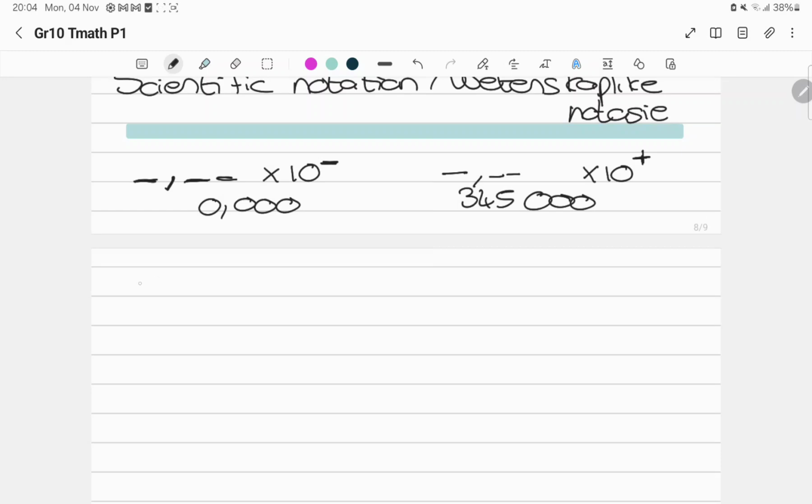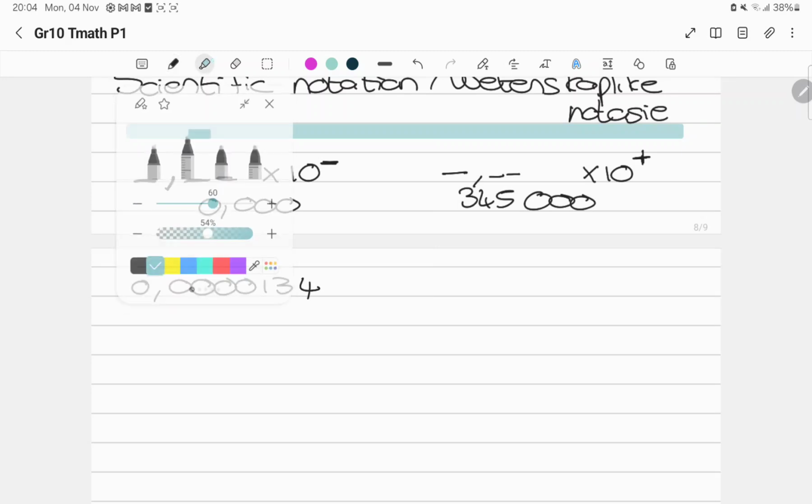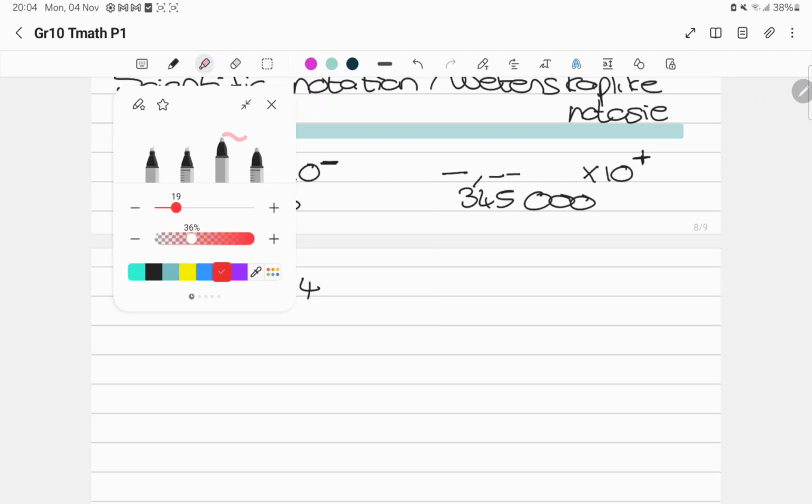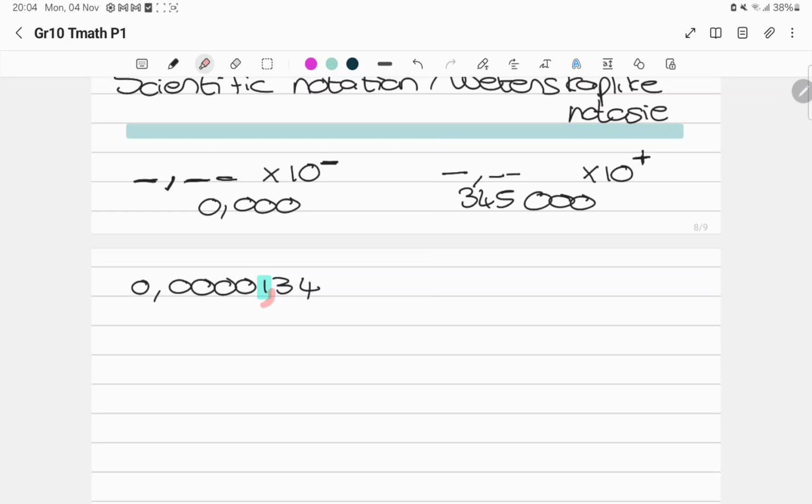So let's say they give us 0,0000134. So I need to get one number in front of my comma. So the first number I have is this 1. So where does my comma have to go? My comma has to go just after it. Okay, it's one number and then the rest.